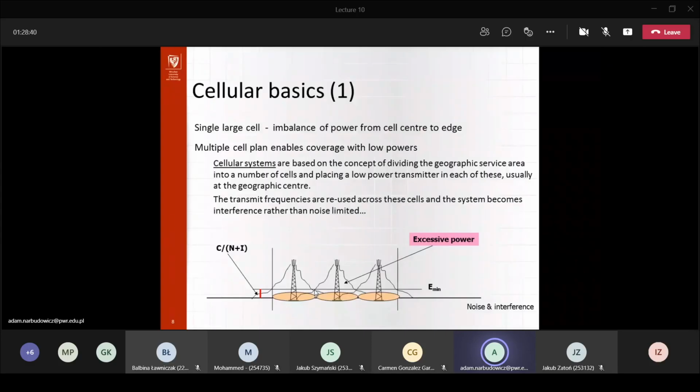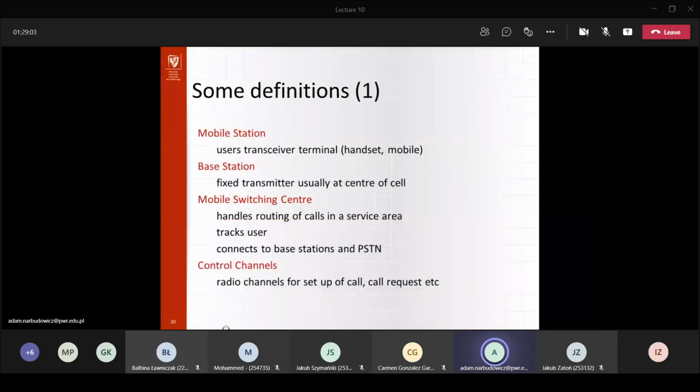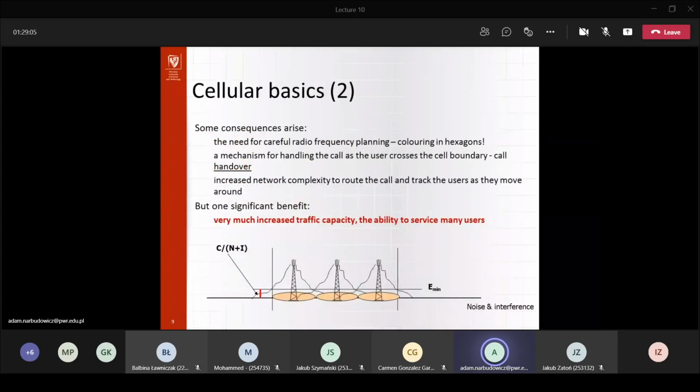So we need to plan the frequency reuse in a smart way. Overall, however, this allows us to significantly increase traffic capacity. Before we go further, I think I can stop the lecture for today here.